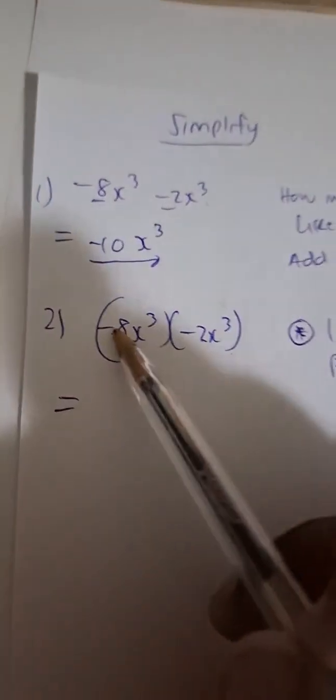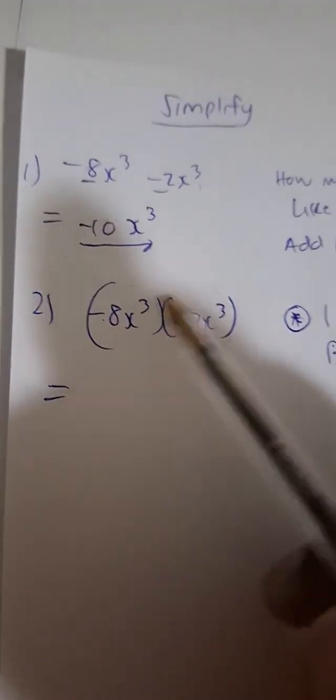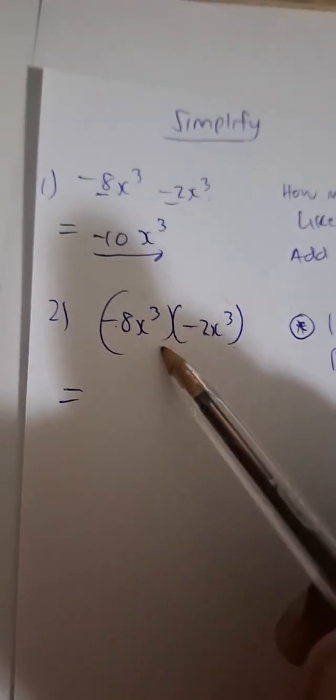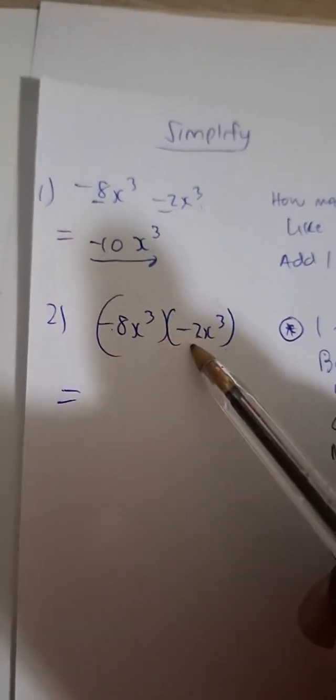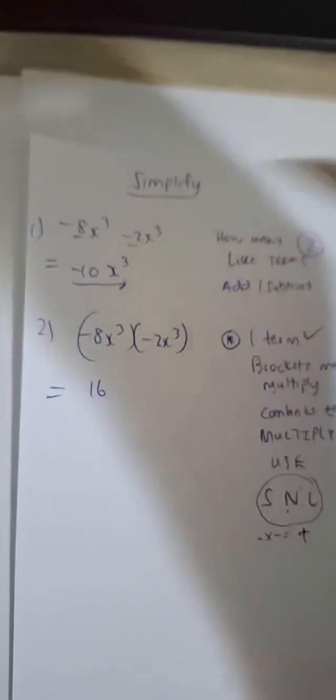Then we move on to the number. 8 times 2. Why am I saying 8 times 2? It's because of the bracket. 8 times 2 gives me what? We are in the number now, we finished with the sign. 16. Then we move on to the letter.